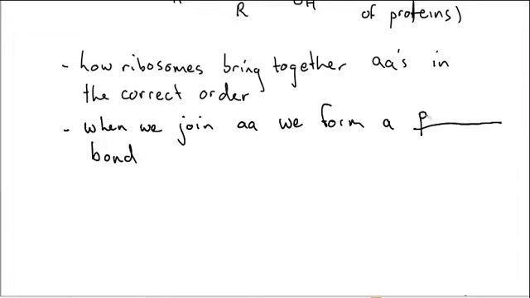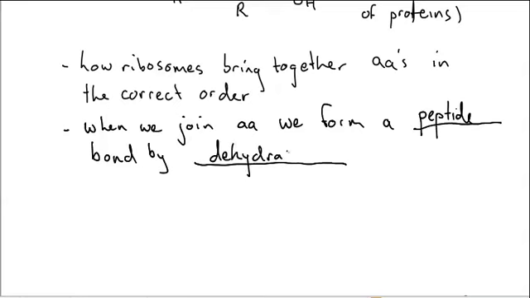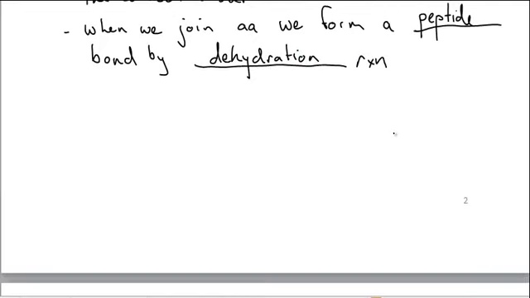So it forms a peptide bond by a blank reaction. It's going to produce water. That's right, it's a dehydration reaction. Okay, and just to quickly recall, anytime we're talking about translation by ribosomes, they're going to help cause this dehydration to occur. They're going to act like an enzyme.